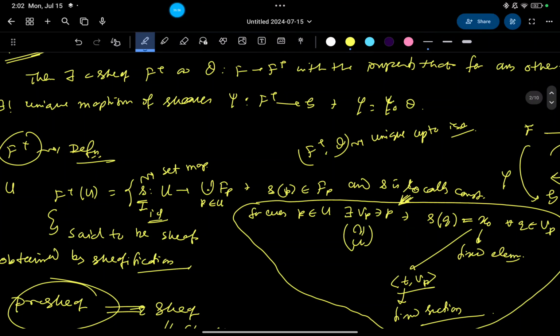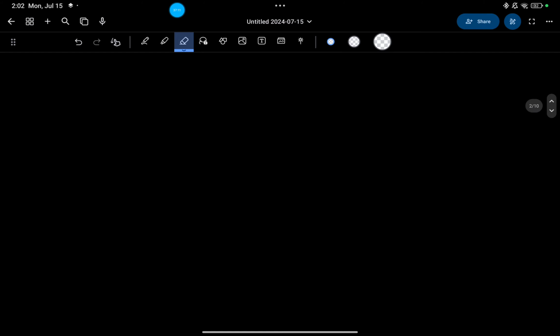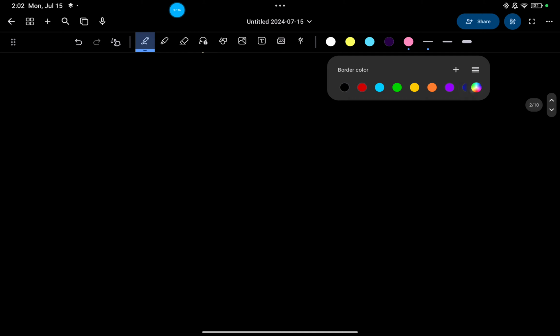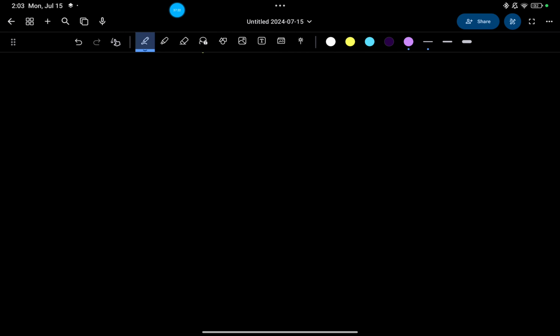In fact, in that case it will be nothing but identity and F nothing but F. Means suppose F is a sheaf, for example, suppose F is a sheaf.